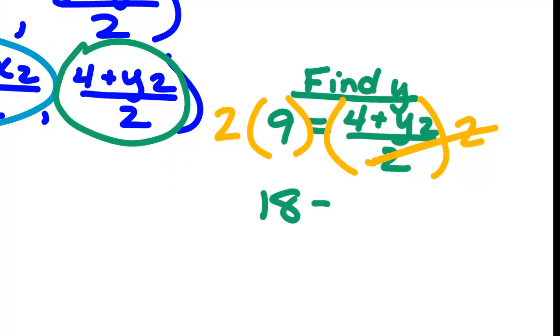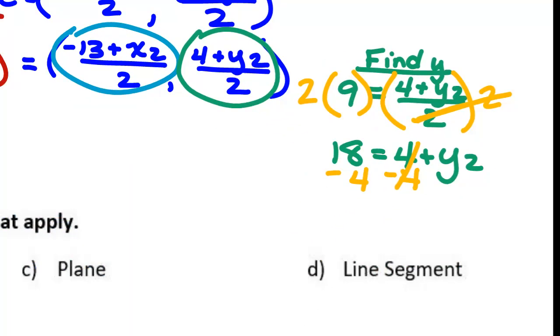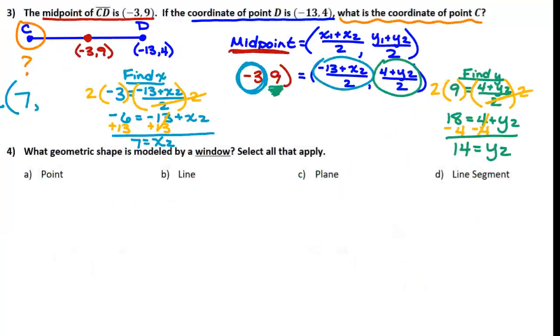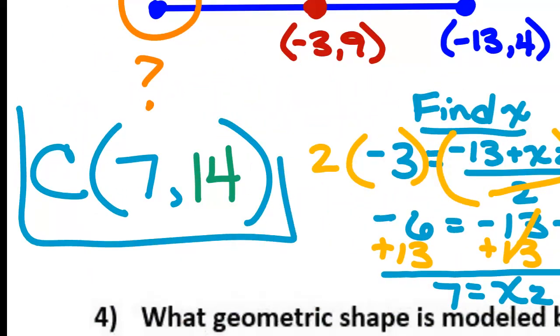And I have 18 equals 4 plus y2. Minus 4 on both sides. And what is 18 minus 4? 14. So 14 is my y2. That means that is the y part of my ordered pair for point C.